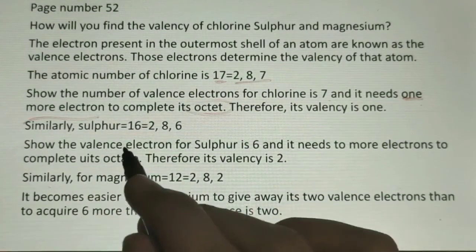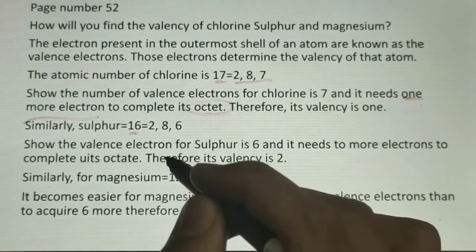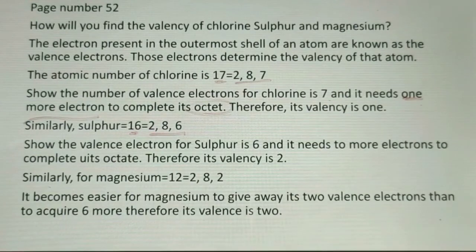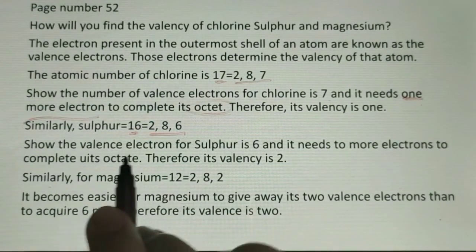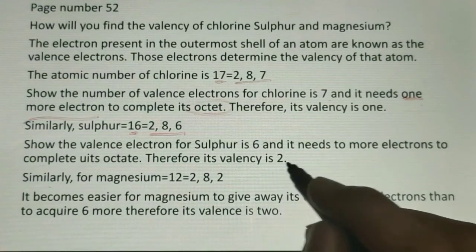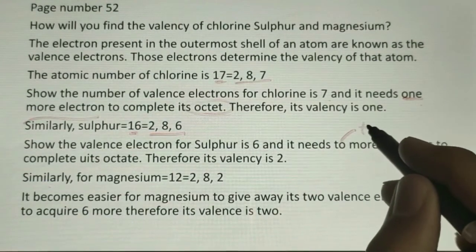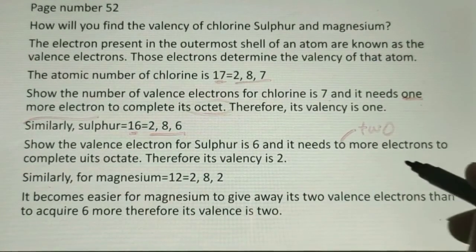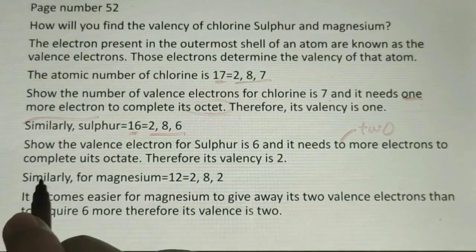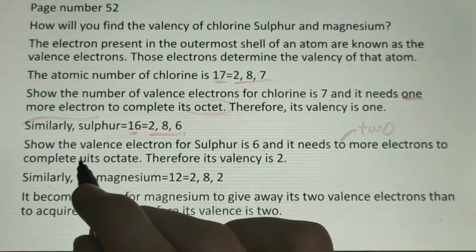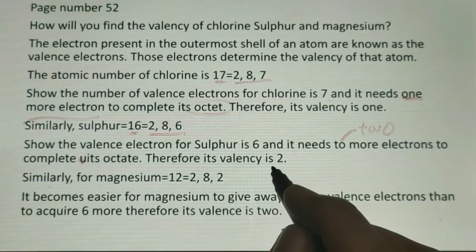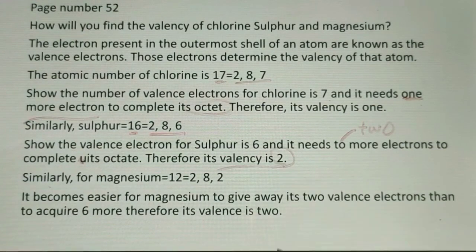Now, similarly for sulfur, it's 16, making it 2, 8, 6. So the valence electrons for sulfur is 6 and it needs 2 more electrons, that's 2, T-W-O, 2 more electrons to complete its octet. Therefore, its valency is 2.